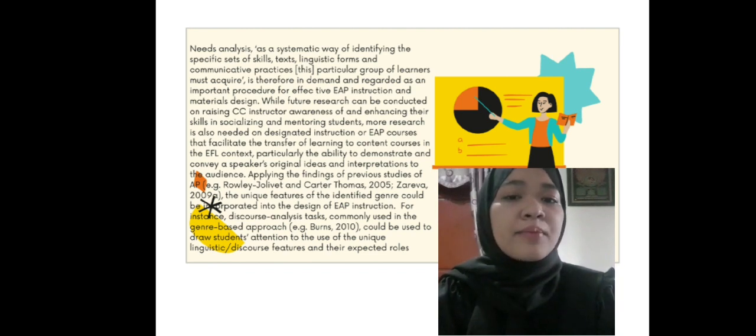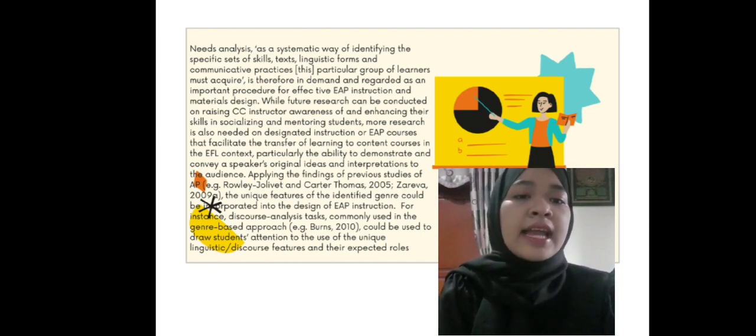More research is needed on designing instruction or EAP courses that facilitate the transfer of learning to content courses in the EFL context, particularly the ability to demonstrate and convey the speaker's original ideas and interpretation to the audience.